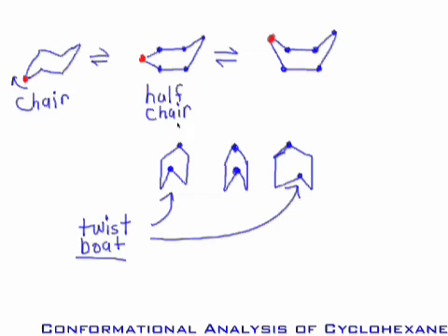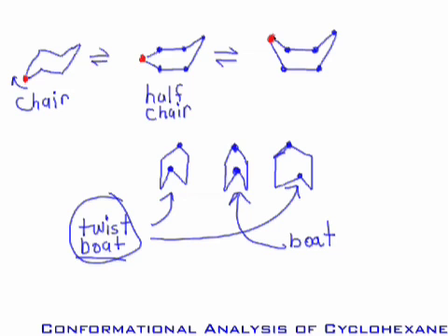When it lifts, it goes to one side, they line up, and then twists to the other side. This middle one is just called the boat conformation. Now the twist boat is higher energy than the chair, but much lower energy than the half chair, and lower energy than the boat.